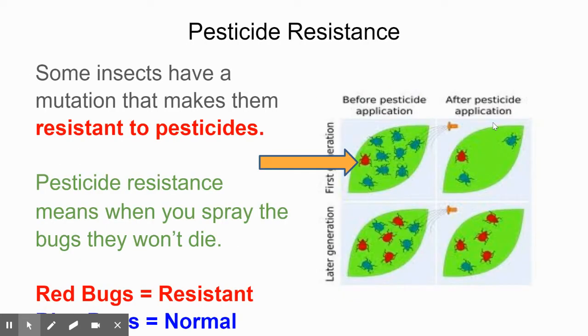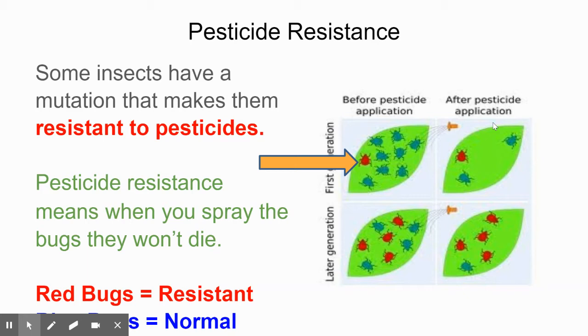So let's talk about what pesticides have to do with natural selection. Some organisms or some insects have a mutation that makes them resistant to pesticides. What this means is that if the organism gets sprayed with the chemical, for whatever reason, they have a DNA mutation that makes them resistant.